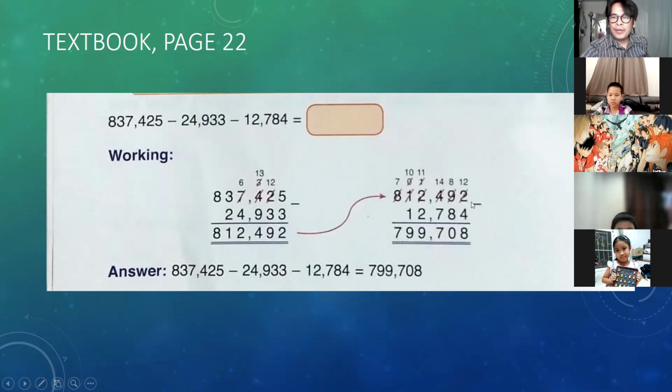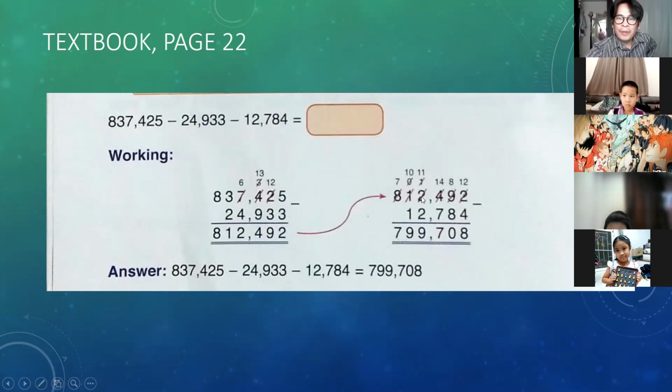812,492. 2 minus 4 cannot be, so 2 becomes 12. We borrow 1 from 9. 9 becomes 8. 12 minus 4 equals 8. 8 minus 8 equals 0. 4 minus 7 cannot be subtracted because 4 is smaller than 7. So 4 becomes 14.